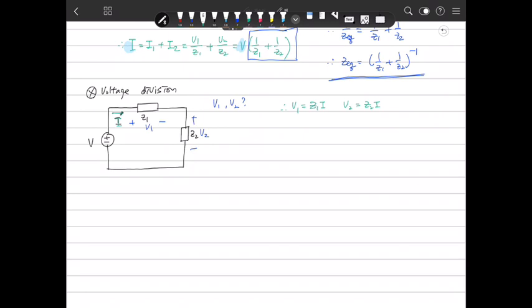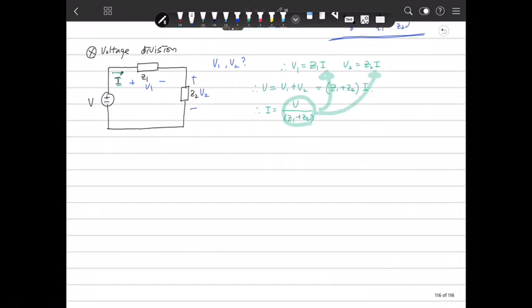And we know that V equals V1 plus V2. Therefore, V is G1 plus G2 times I. Therefore, I is V divided by G1 plus G2. We apply it here and here.